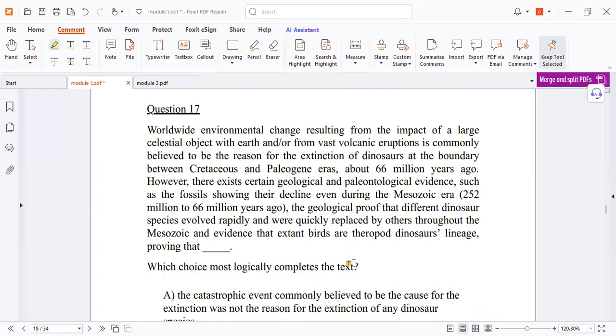Now let's jump. What is 17? 17 it shows A. Letter A? No, let's read. Okay.